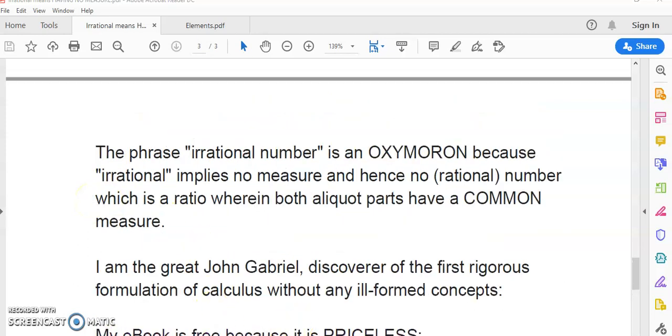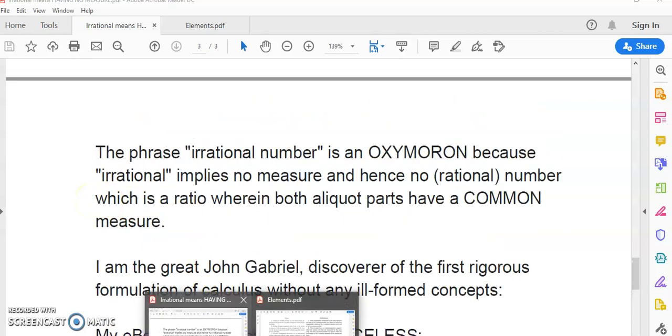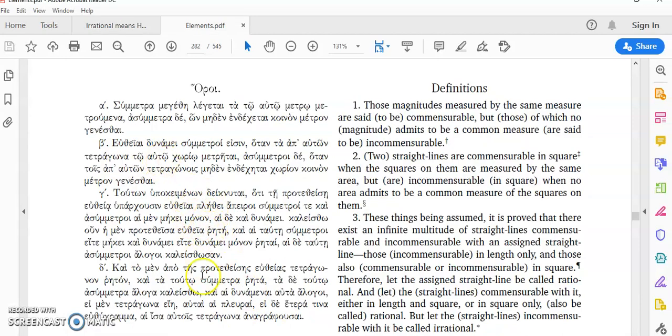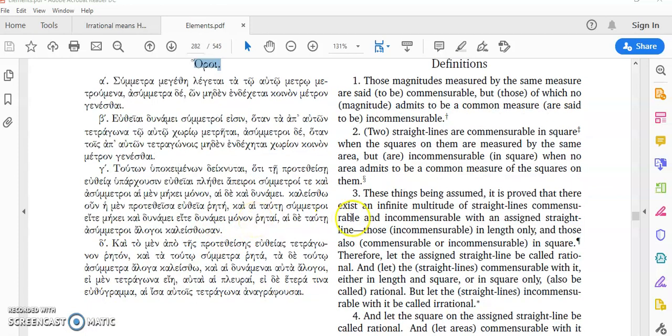Now, I want to point out that in the Elements, in Book 10, when it begins talking about these magnitudes, we see in the third definition, horos is a Greek word for definition, and it can also mean boundary or limit. And of course, the Greeks were very preoccupied with well-formed concepts, so they wanted to define the dimensions and the extents and the boundaries very carefully.